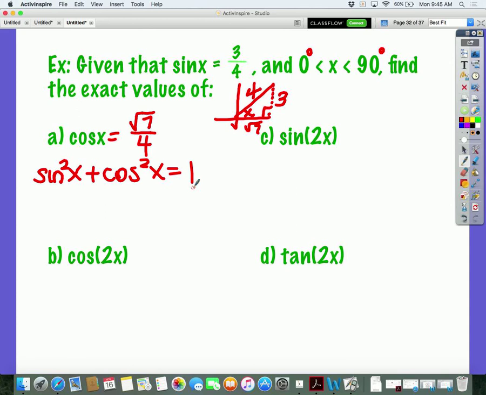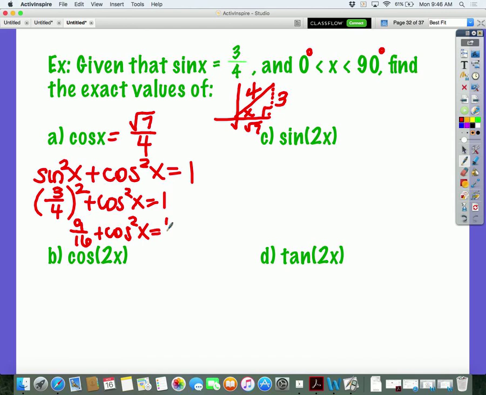Since you know that sine x is 3/4, you can actually plug that in for sine x and square it. And basically, it's just an equation that you solve for. What's 3/4 squared? 9/16. You would subtract 9/16.